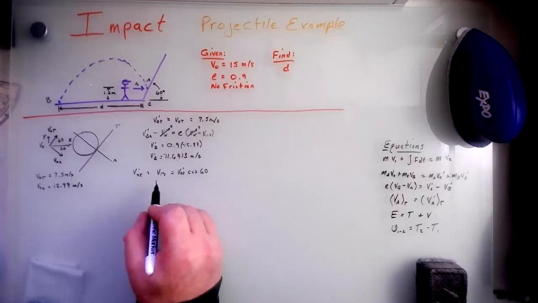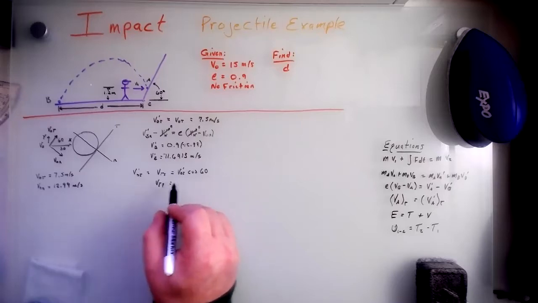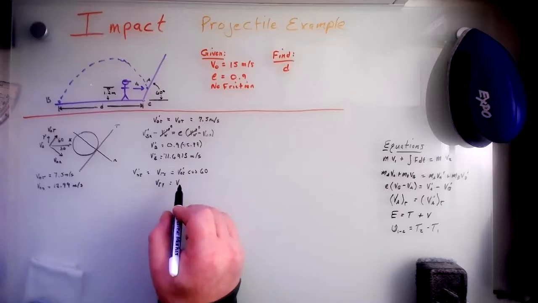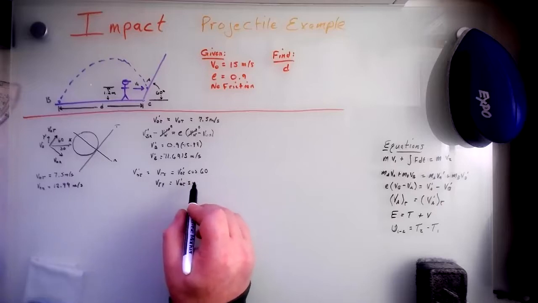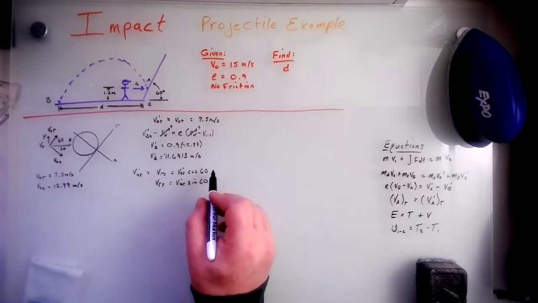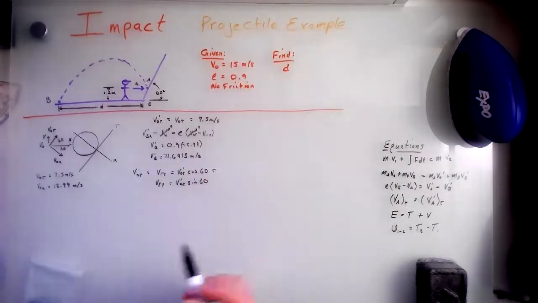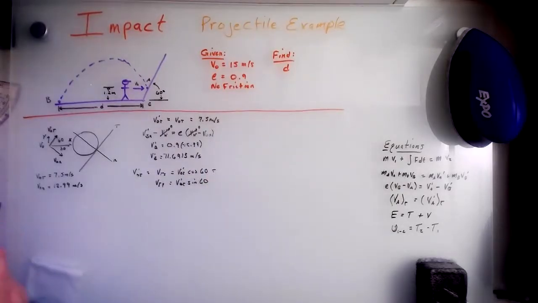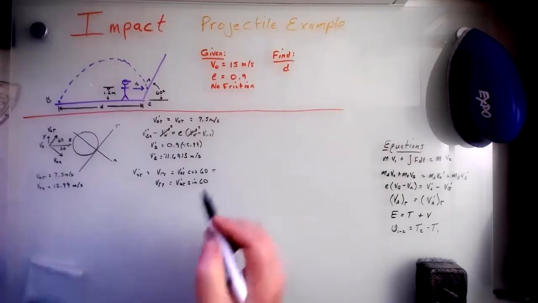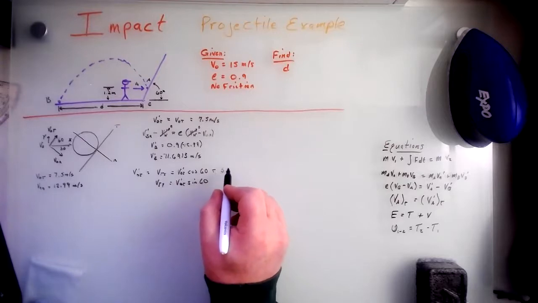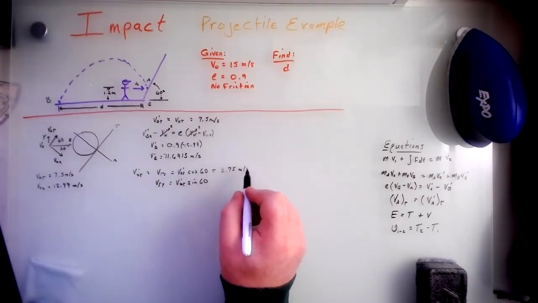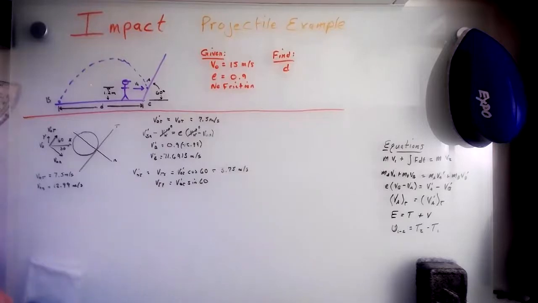Similarly, V T Y would be V prime T sine of 60. And that is 7.5. So 7.5 times the cosine of 60, I think it's just half, is 3.75. And then times the sine of 60.